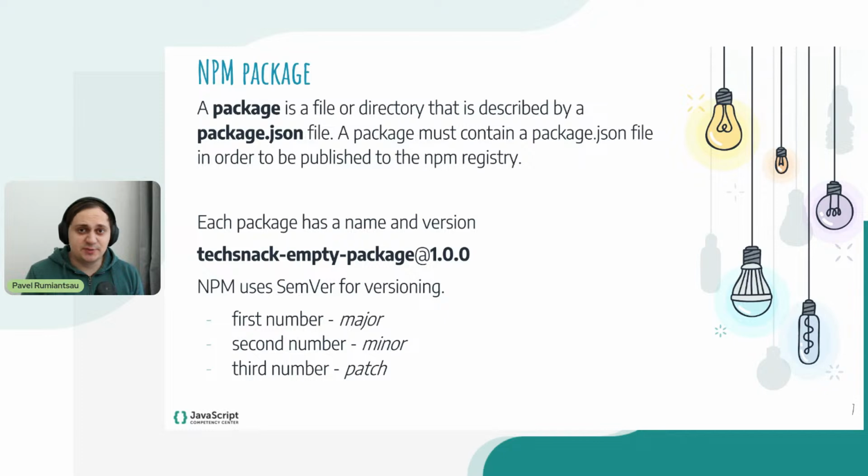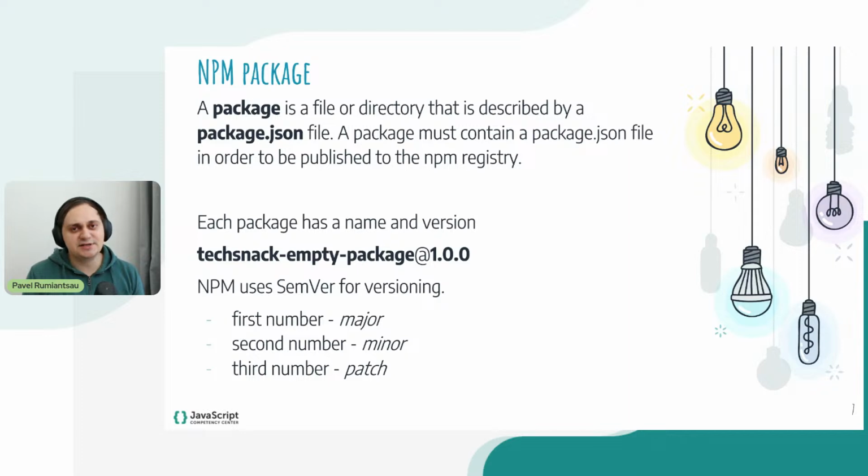When you're working with packages, you know that you always need to work with different versions. Versions are very important, and the thing that helps you to work with these versions and to provide some information about your package is a file called package.json. It's clear from the name, it's a JSON file.